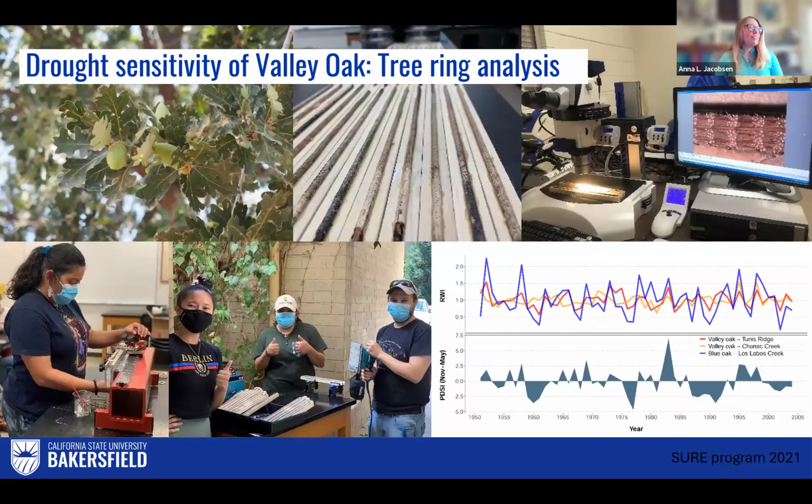So there's a group of students working on tree ring analysis from cores of oak trees out at Tejon Ranch. Dr. Preth-Delise, who was a Fulbright scholar here, and some students from the SHORE program worked to get cores, and now these cores are being analyzed. We're working to develop a tree ring chronology, which is an indicator of the climate history through the oaks out at Tejon Ranch.